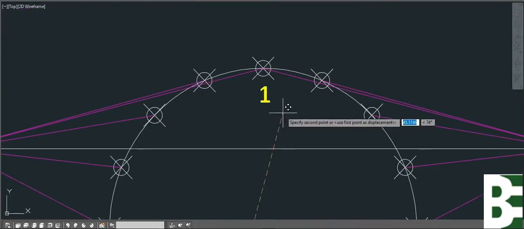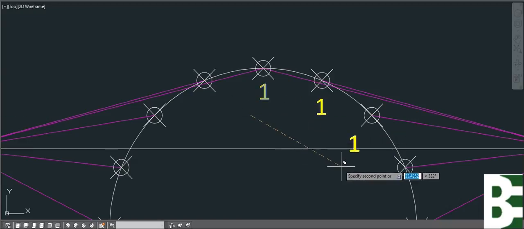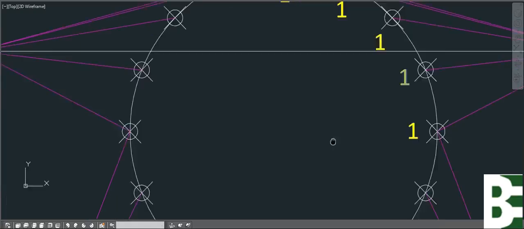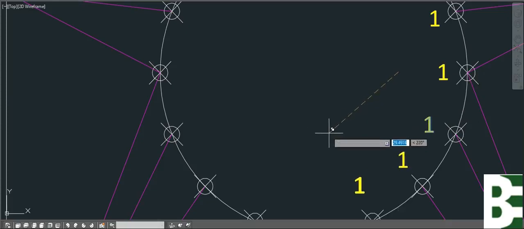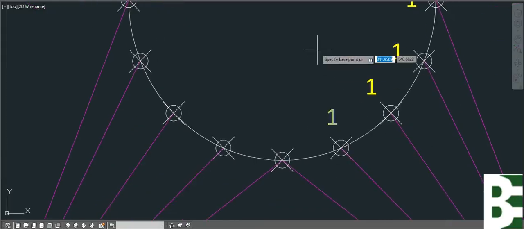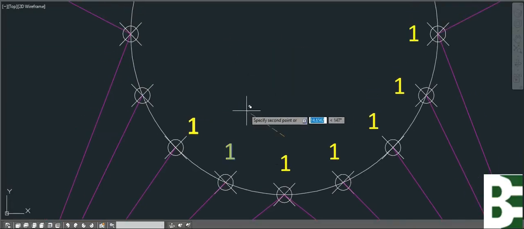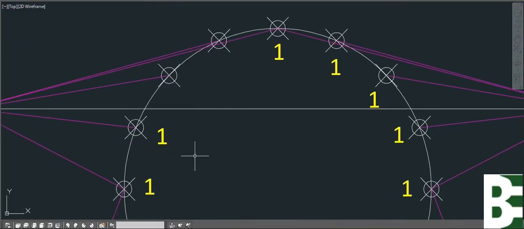And now I can mark them. You can mark them either clockwise or anti-clockwise, it's up to you. This is not necessary, but you need to remember where you are going, and we will see in our next tables whether we are going clockwise or anti-clockwise.